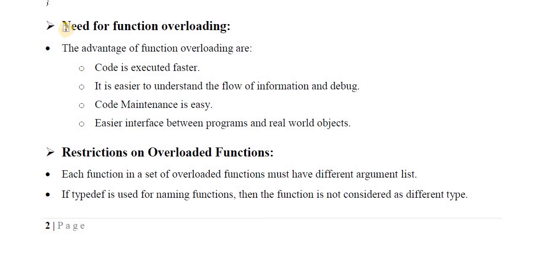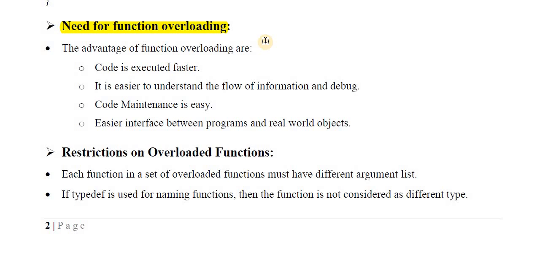Then this is very important: need for function overloading or advantages of function overloading. Both are the same. Need for function overloading and advantages are both same. So this question will come many times in the examination.